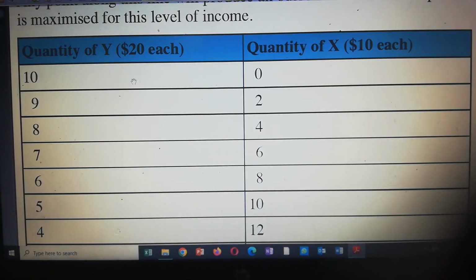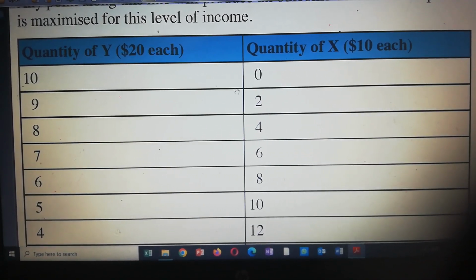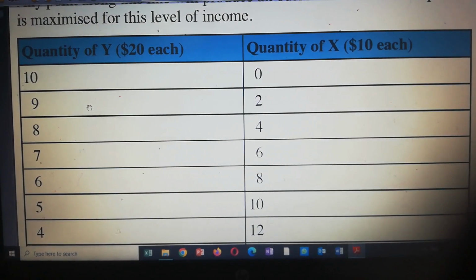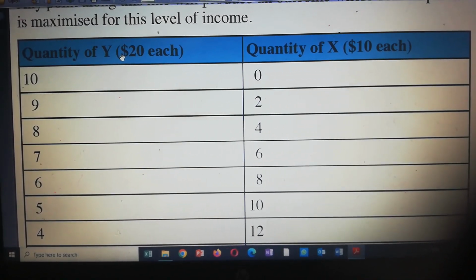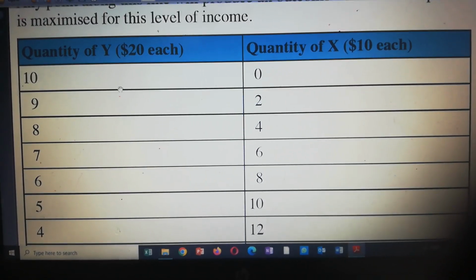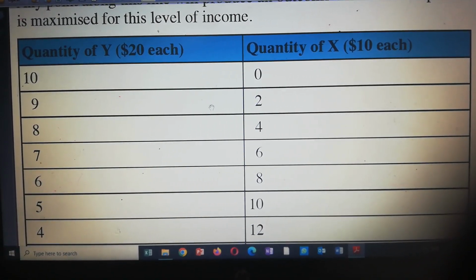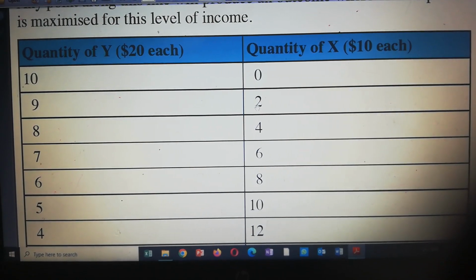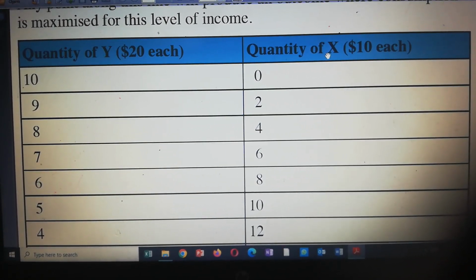By consuming 10 units there, the consumer will be left with nothing to spend on X. If the consumer consumes 9 units of Y, that means 9 times 20 gives us 180. So this means that the consumer will be left with $20 to spend on X. So $20 to spend on X gives us how much? 2 units, because for X each unit costs $10.